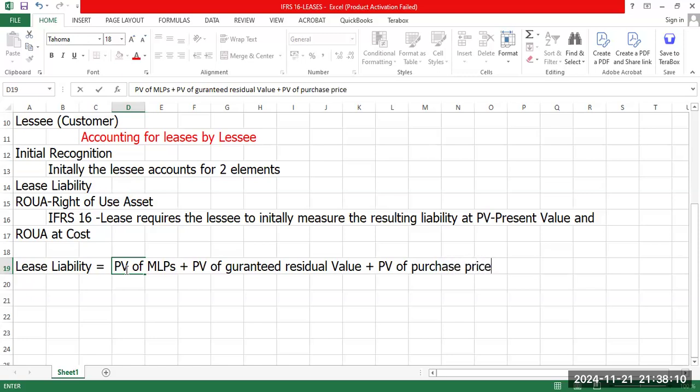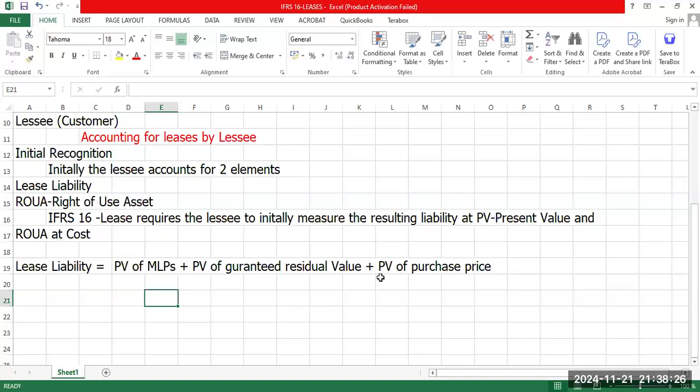I include everything here because in computations you may find that you have different items. Okay, and in a situation where you don't have, let's say, guaranteed residual value, or you don't have the purchase option, then these ones will be zero. Okay.